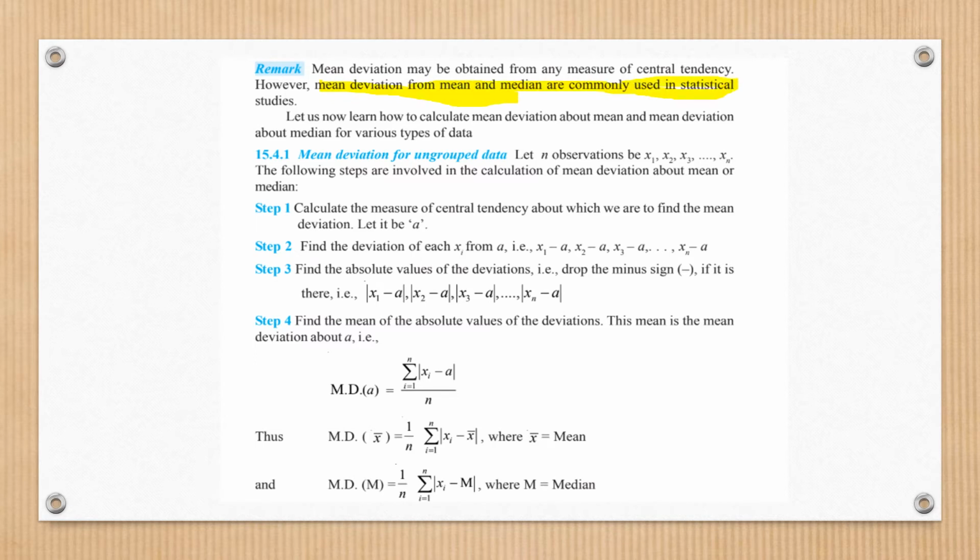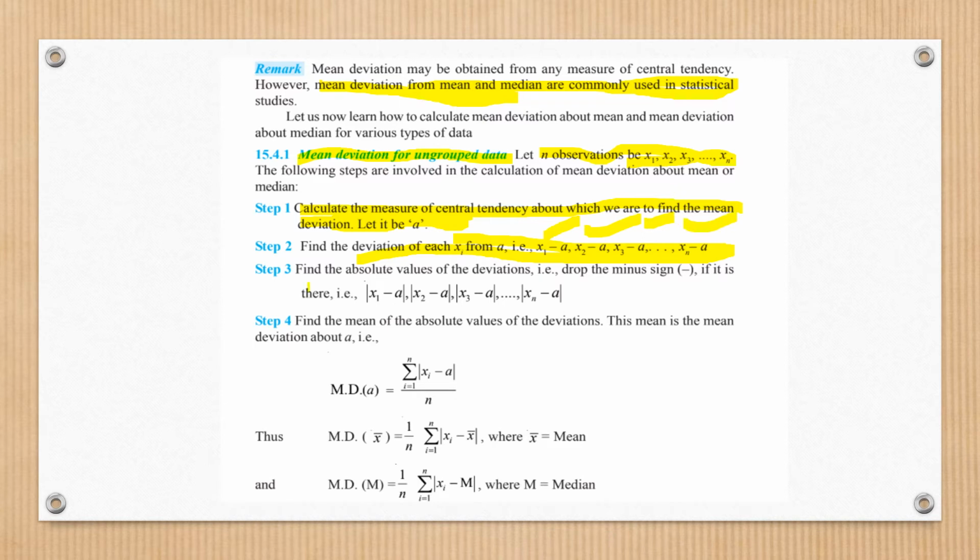So let us see how to calculate the mean deviation for ungrouped data. Firstly, your n observations will be x1, x2, and so on up to xn. I will calculate the measure of central tendency about which I have to calculate the mean deviation. If I have to calculate the mean deviation about the mean, I will firstly calculate the mean. Then I will calculate the deviations, that is x1 minus a, x2 minus a, x3 minus a, up to xn minus a.